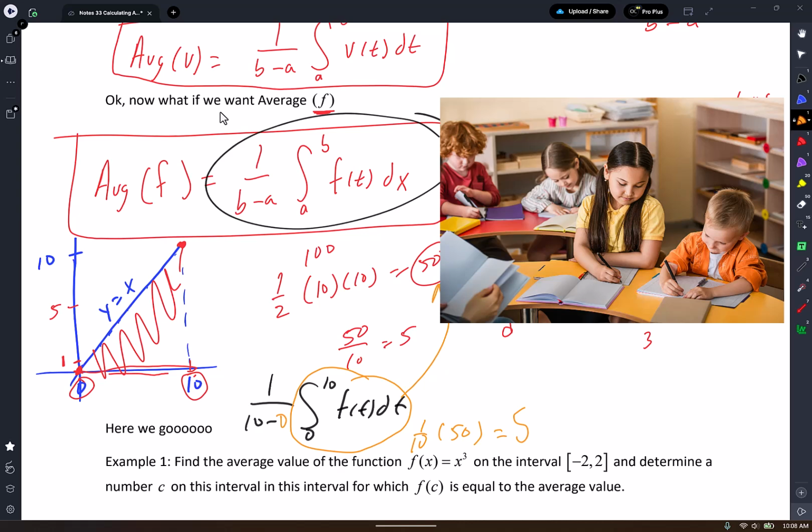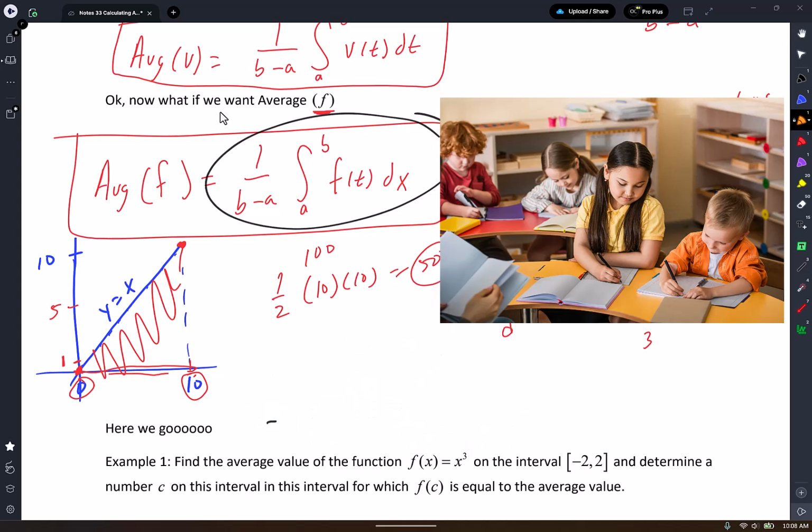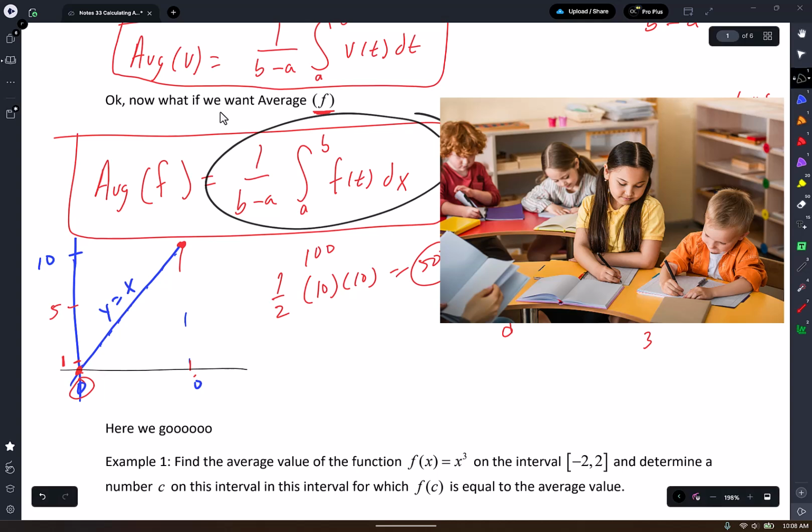Okay, let me start again, because maybe it's me. All right, so let me slow down. If I have a linear line, I was trying to prove this. This linear line goes from 0 to 10, and I notice that my interval is 0 to 10 on the x-axis, and the lowest value is 0 and the highest value is 10.